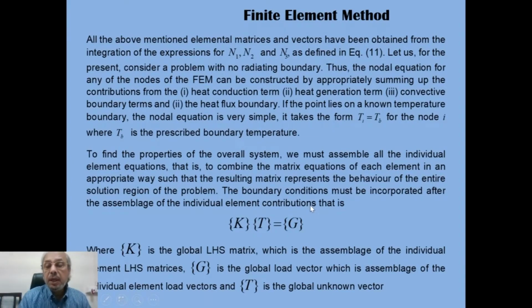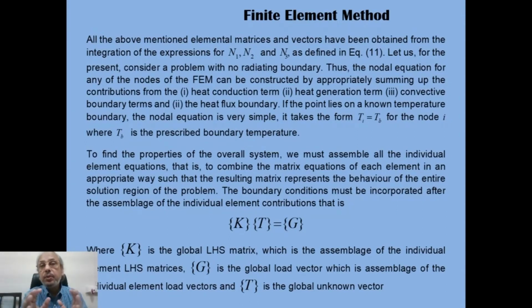So individual elements, if there are 50 elements, from each of the 50 elements we will get one matrix multiplied by T1, T2, T3 equal to some known vector.